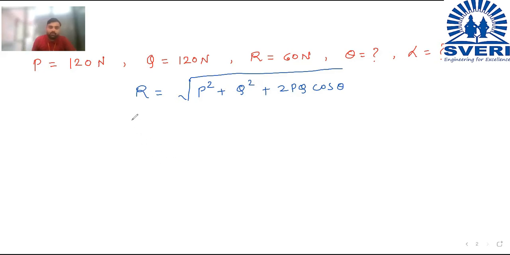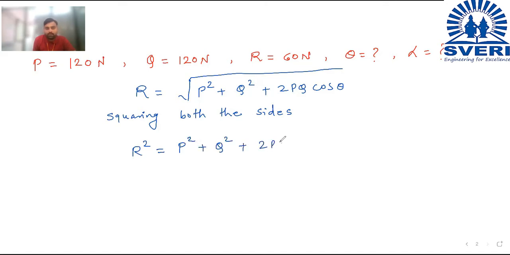So what I will do here, I will square both sides. Squaring both the sides, we get R square, and the square root gets cancelled with the square. So it will remain P square plus Q square plus 2PQ cos of theta.